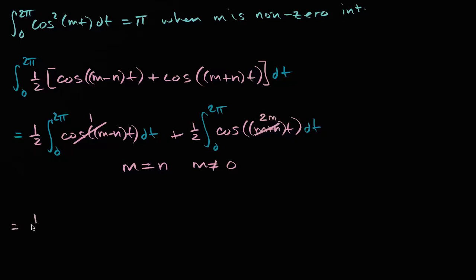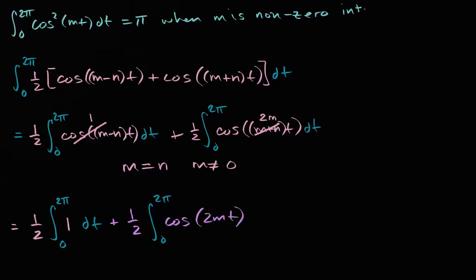This is going to be equal to 1/2 times the definite integral from 0 to 2 pi of 1 dt, plus 1/2 times the integral from 0 to 2 pi of cosine of 2mt dt.